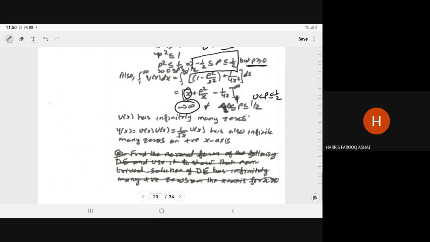So u(x) has infinitely many zeros, and naturally y equal to u into v also has infinitely many zeros on the positive x-axis.